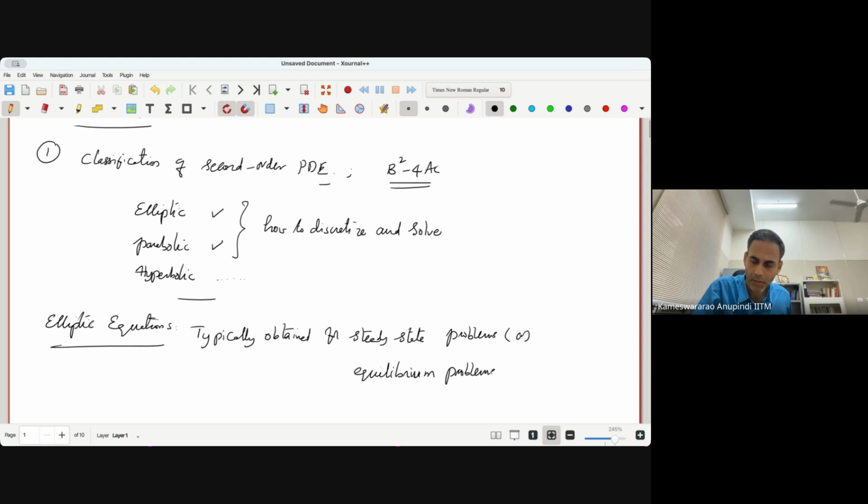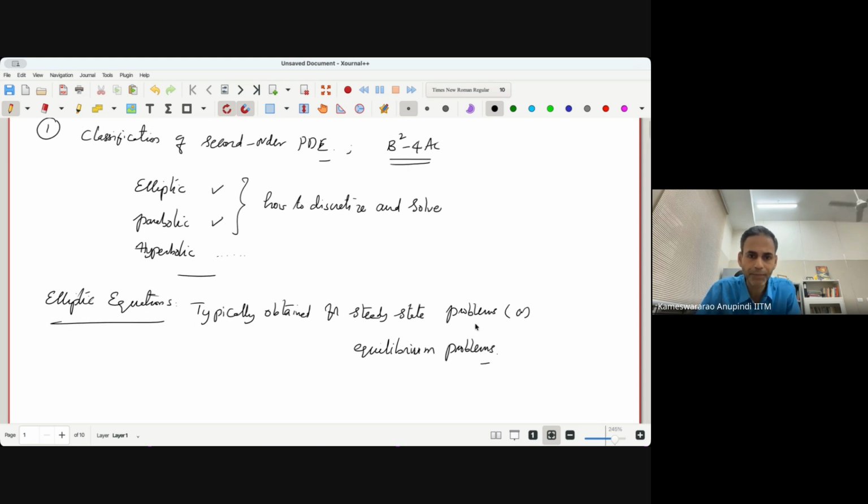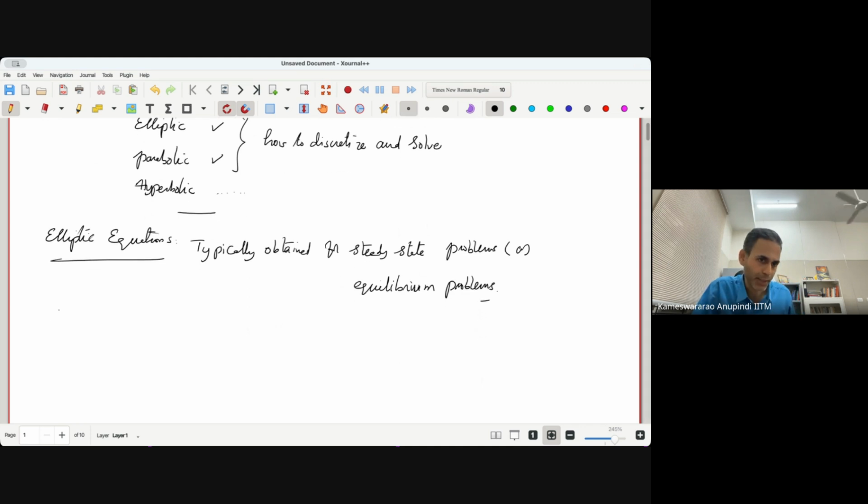For example, if you have the steady state heat transfer equation, the heat conduction equation, this is an example of an elliptic equation.